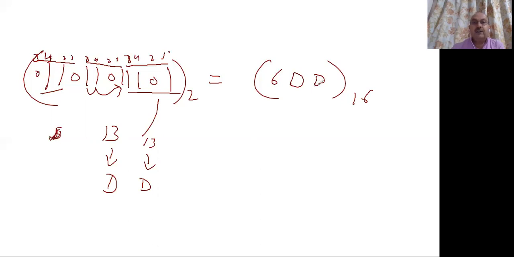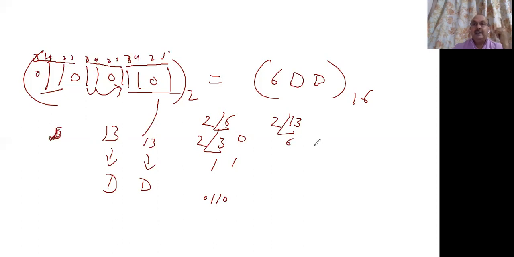And if we want to convert it back, we do 6 separately. 2 3s are 6, remainder is 0. 2 1s are 2, remainder is 1. So this is 110. We added one 0 to make it 4 digits. D is how much? 13. So we divide 13: 2 6s are 12, remainder is 1.